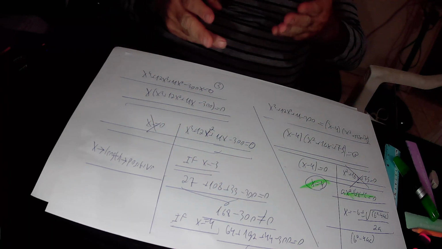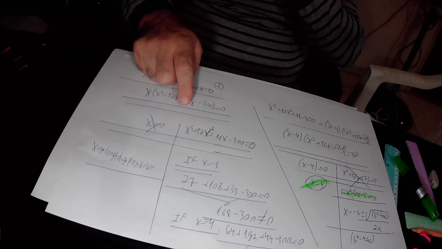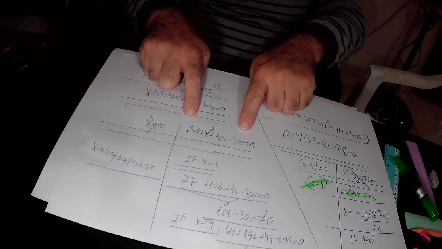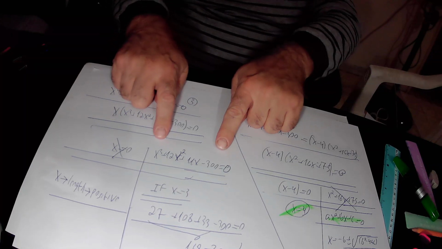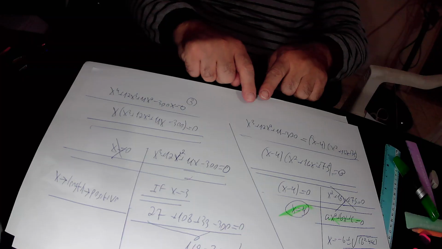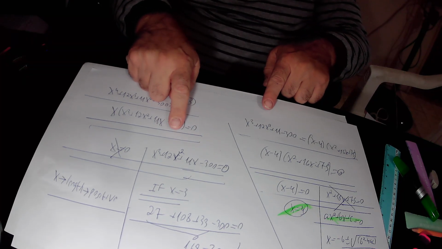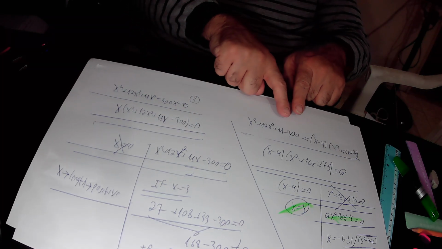So x equals 4 is the solution of this equation, and therefore we can express this expression in a different way. Again, this expression is x cubed plus 12x squared plus 11x minus 300 equals 0.